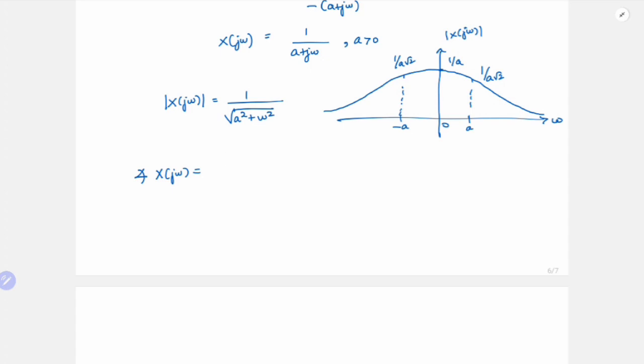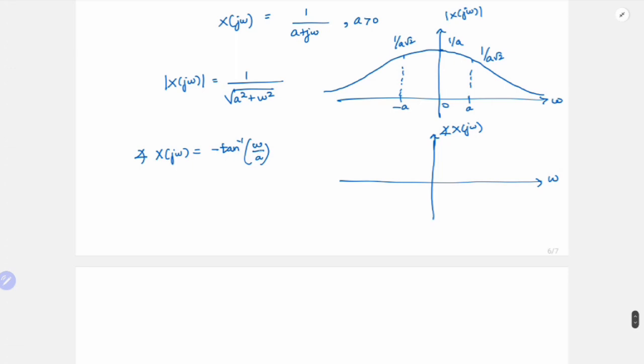Since it is in the denominator, you will have minus tan inverse of omega by a, because j sine by cos. So how do you plot this? X of j omega versus omega.